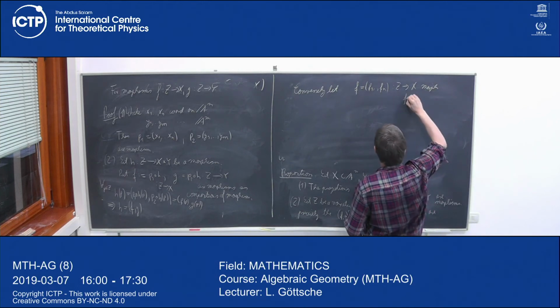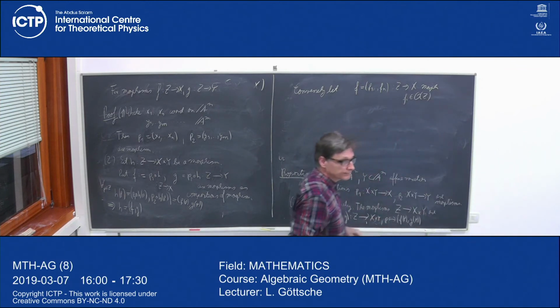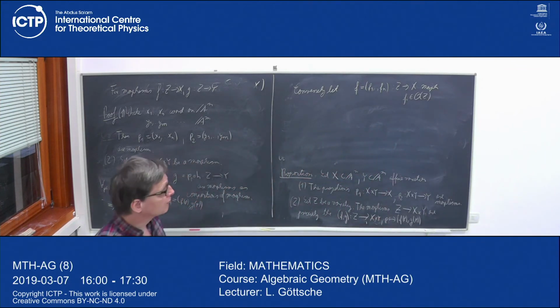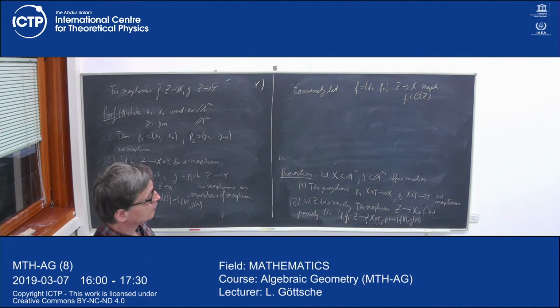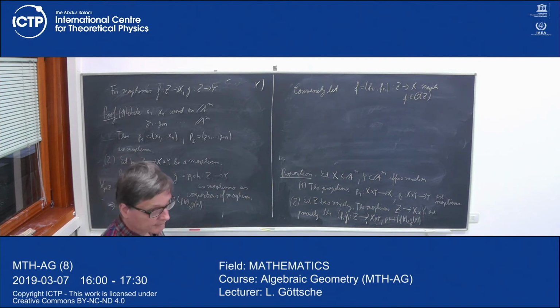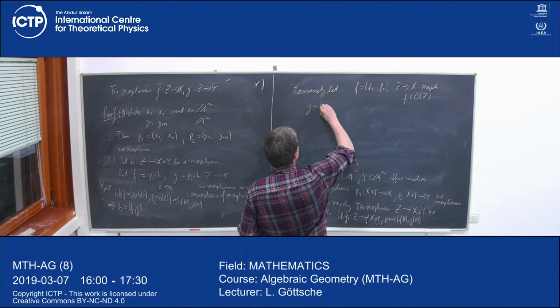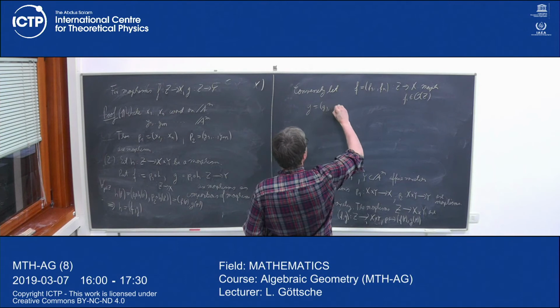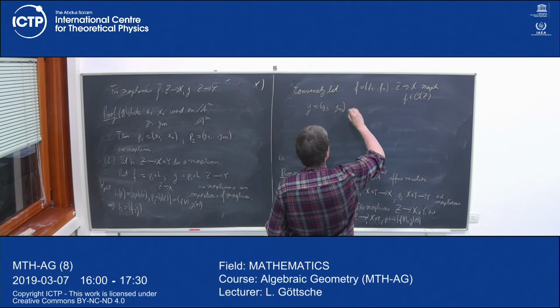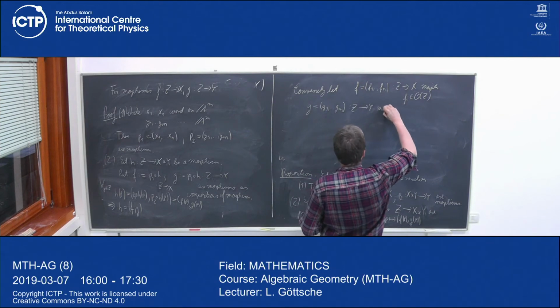So the fi will be some regular functions on the whole of Z. We know all morphisms are of this form, and the morphisms to A^n are given by regular functions. And g equal to g1 to gm, from Z to Y, the morphism.